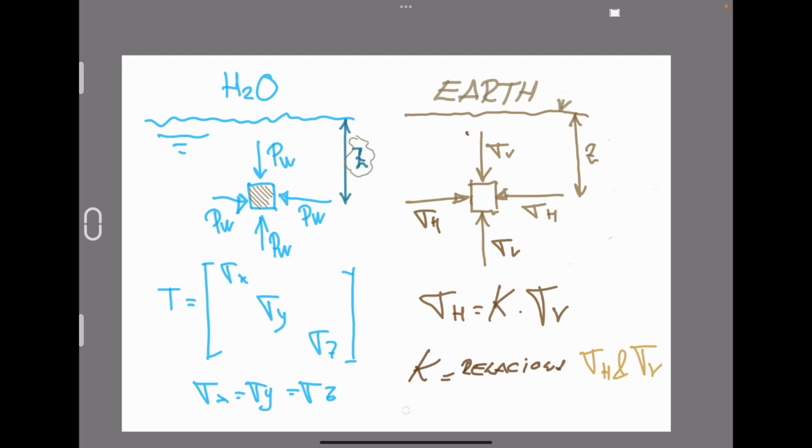As you can see in this free body diagram, the vertical pressure of the water is equal to the density of the water multiplied by the depth when we are studying this differential element.